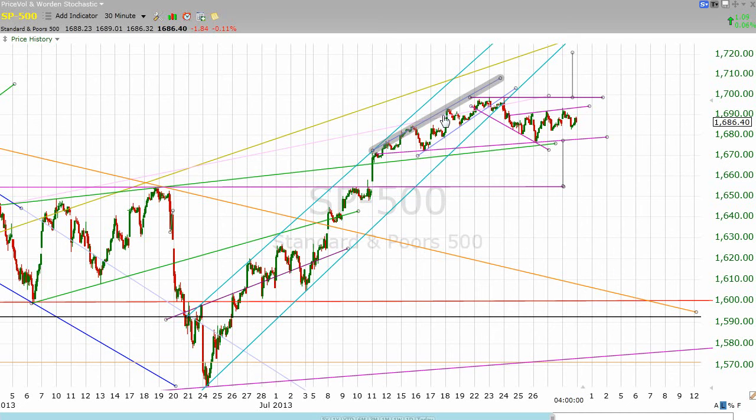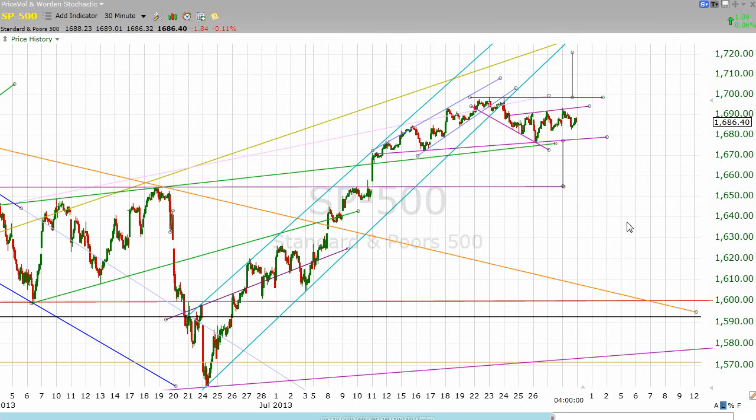Or did it break in order to consolidate in a sideways move before resuming an upwards trajectory? And for the past 4 or 5 days, that's been the question. And nothing that we've seen has given us a clear answer.